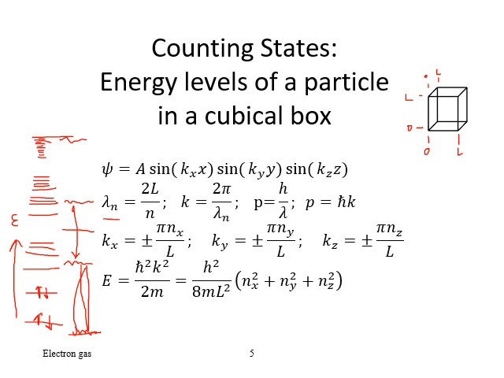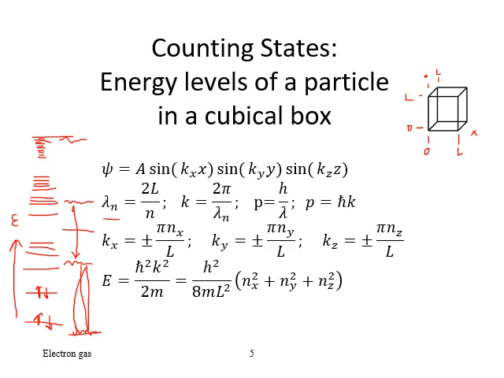So a wave vector along one axis, let's call this the x-axis, is going to be allowed to be plus or minus pi times an integer divided by the length of the box in the x direction, and likewise y and z. Remember that the total energy for a particle that has mass is p squared over 2m, momentum squared over twice the mass, which we can rewrite as h bar squared k squared over twice the mass.